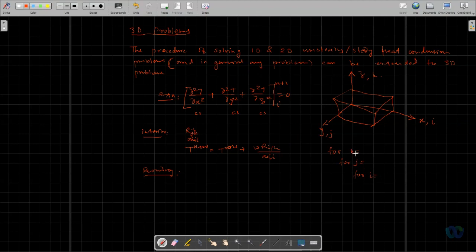It means that for K constant, J will vary, and with J constant, I completely varies. So for fixed K and various J's, you are varying I like that. So this small change you will have to do in your code. With this, you can calculate using the Gauss-Seidel method. Okay, the same Gauss-Seidel successive relaxation method can be used to solve all these problems.